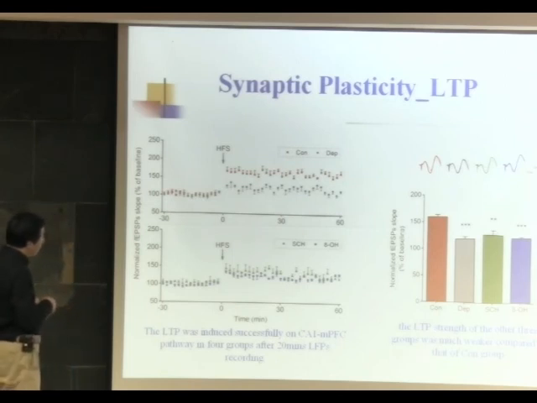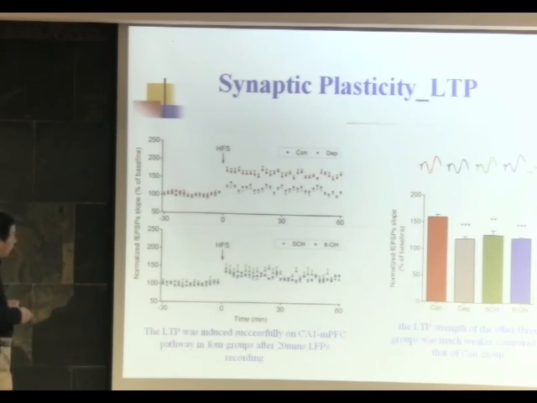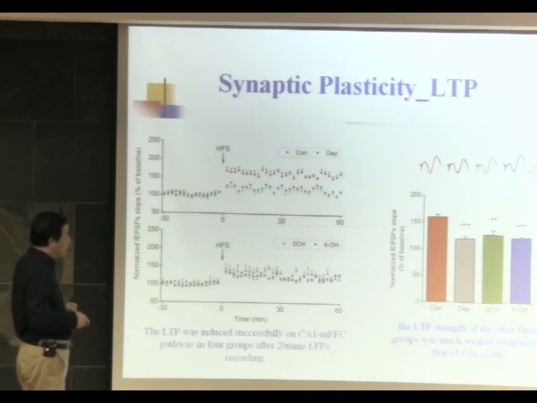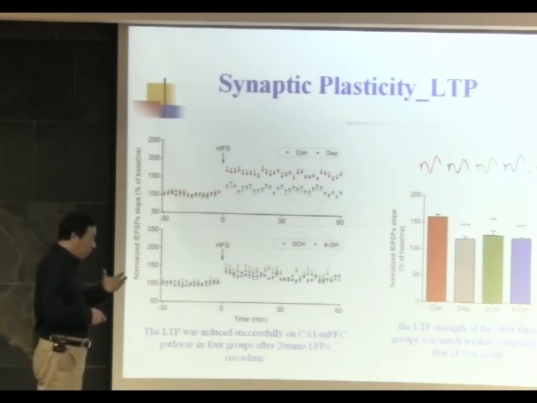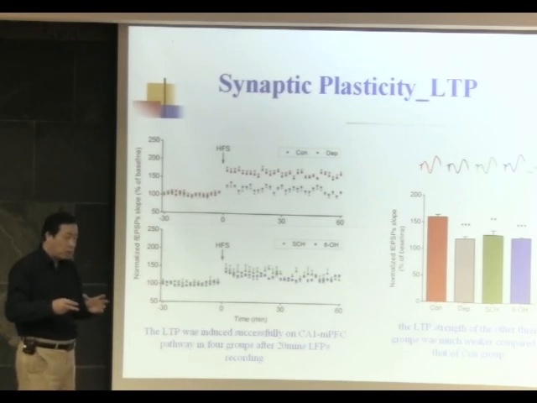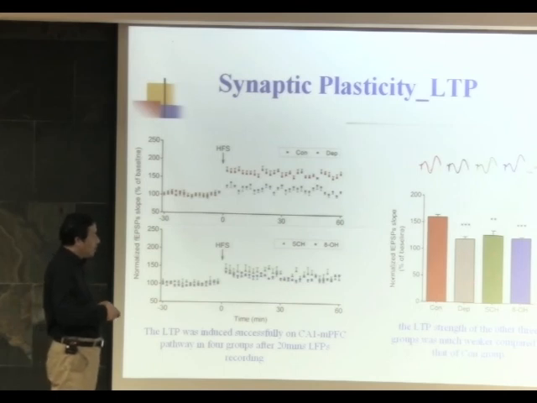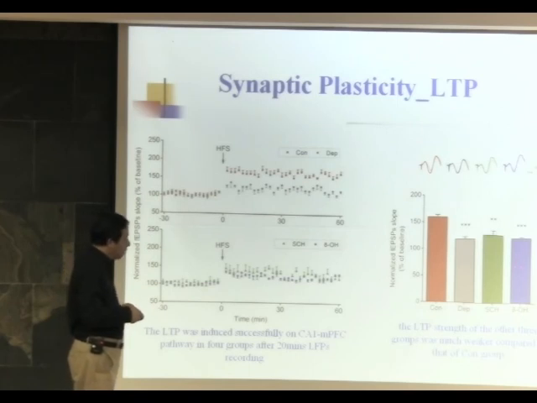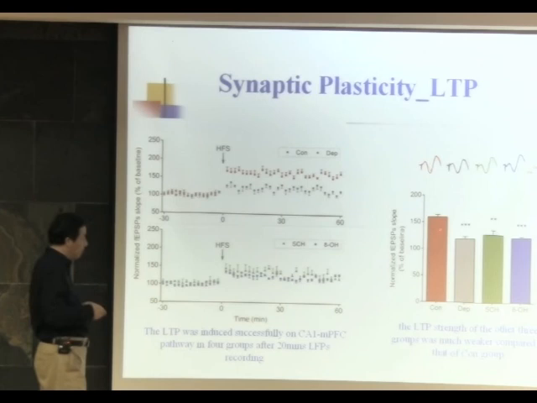This is a time course. This is the control, depression, this is dopamine, this is 5-HT. We can see that in all 4 groups, LTP was successfully induced. However, in the other 3, depression, dopamine, and 5-HT, their LTP is significantly lower than that of the control group.